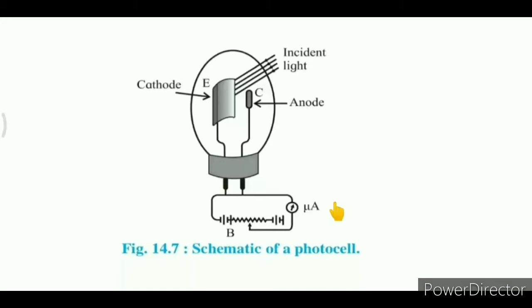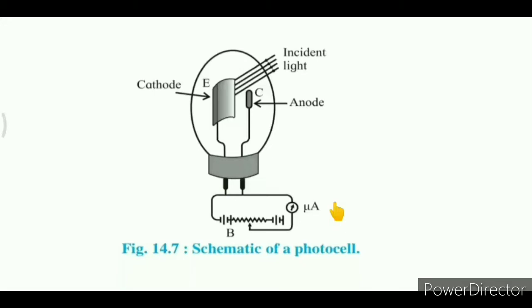That means when the emitter of the photocell is connected to the negative terminal of the battery and the collector is connected to the positive terminal of the battery, and radiation of suitable frequency, more than the threshold frequency of the material of the emitter, is made incident on the emitter, photoemission takes place.